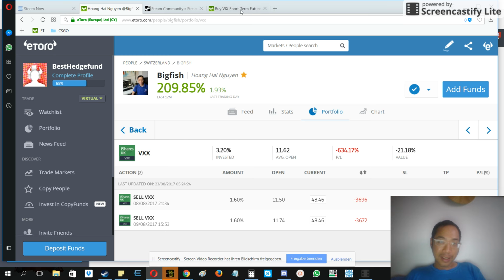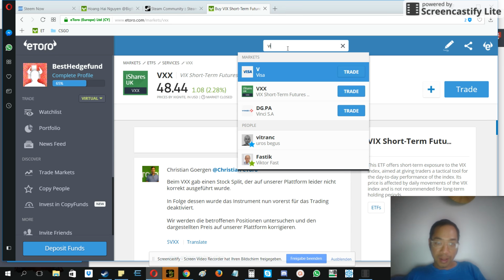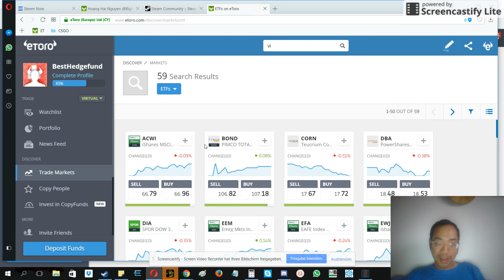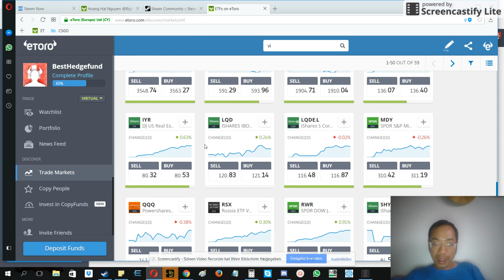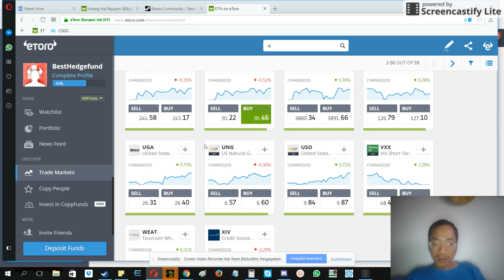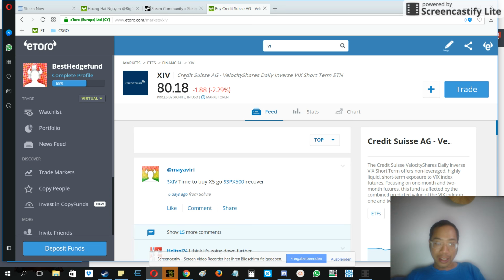The VIX itself has a reverse, let me just find it. Okay, the opposite of the VIX is the inverse volatility. Here it's from Credit Suisse, called Credit Suisse VelocityShares Daily Inverse VIX Short Term.